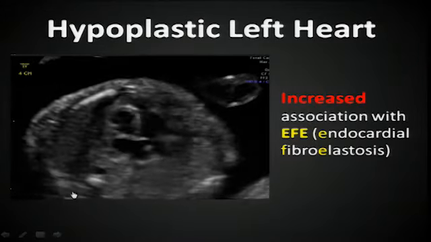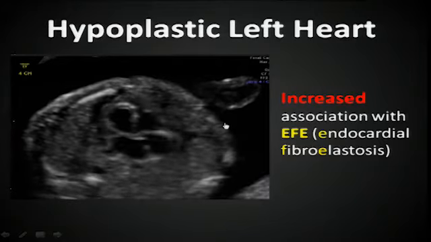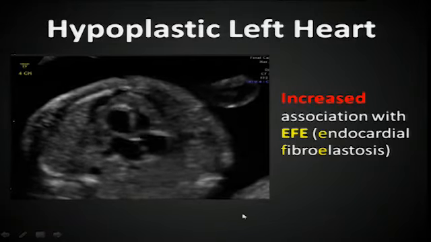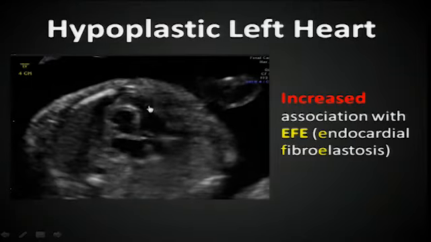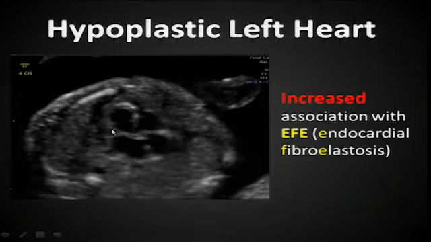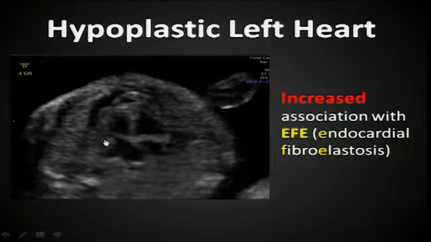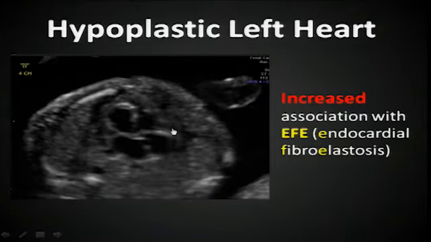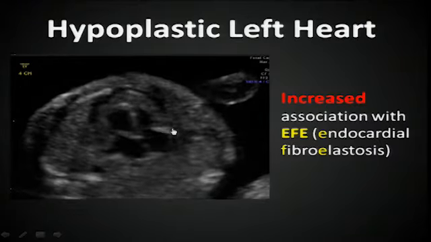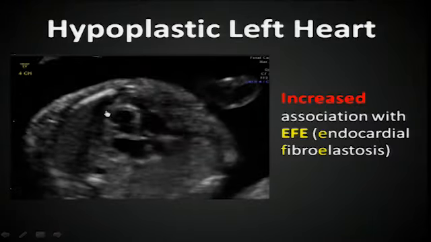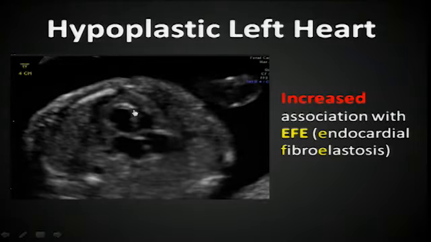Again, looking at the spine, so posterior to anterior, left to right. Looking at the contractility, you see how the right side is contracting well? Do you see the left side? The myocardium on the left, if it's not able to move the blood through there properly, it starts to get real stiff, and you get EFE, endocardial fibroelastosis, this little bright rim.